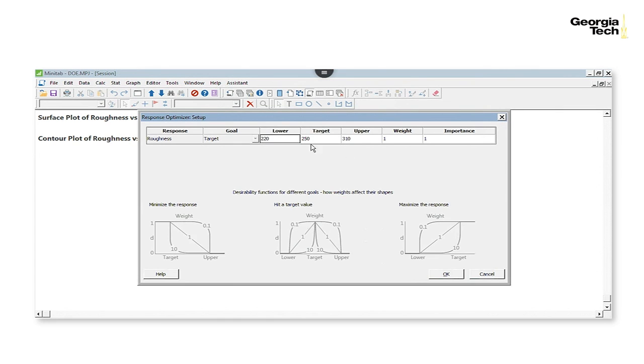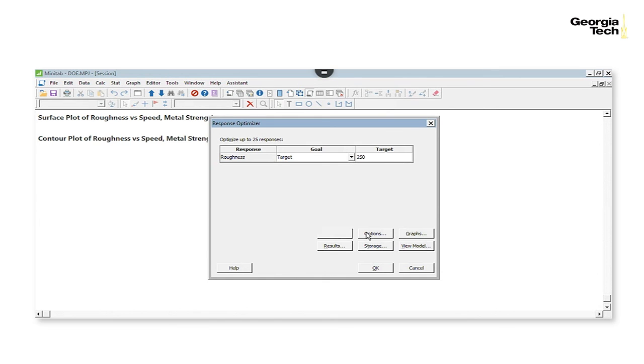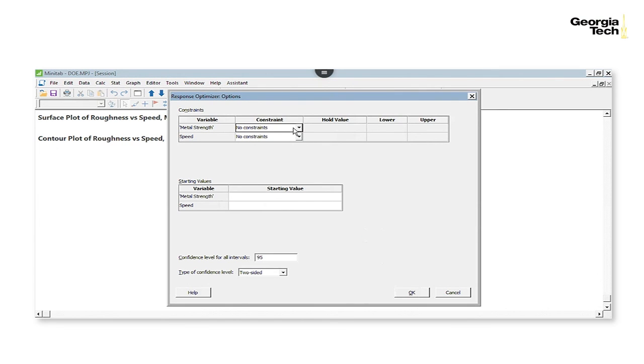Then we go to setup. As you can see, it's 250. That's the lower and upper bound based on the data that we have. And for the options, if you have any constraint, you can set it here. For example, you want to constrain the region of metal strength. I don't want to go below 10, I don't want to go above 20, let's say.